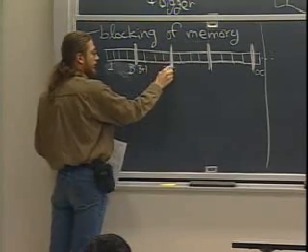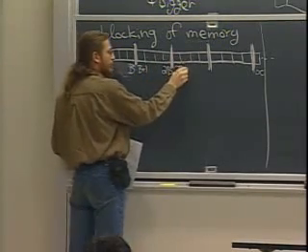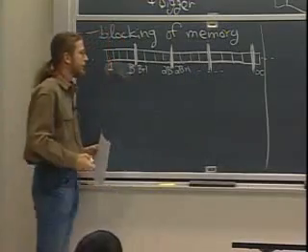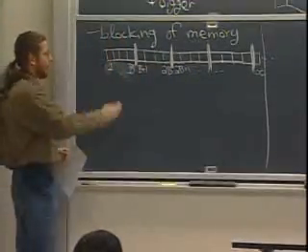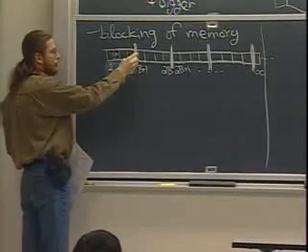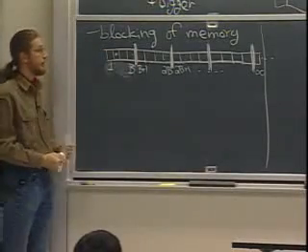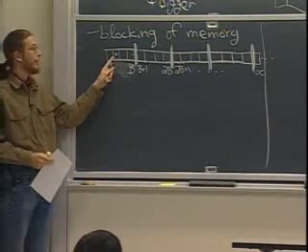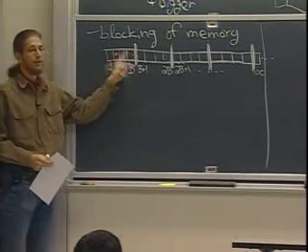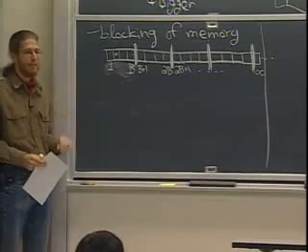This is 2B, and 2B plus 1, and so on. These are the indexes into memory. This is how the blocking happens. If you access something here, you get that chunk from u rounded down to the previous multiple of B, rounded up to the next multiple of B. That's what you always get.